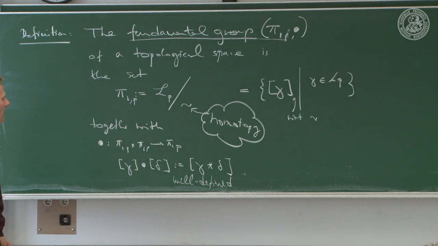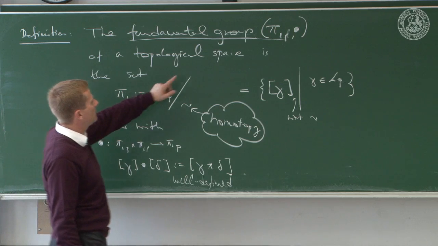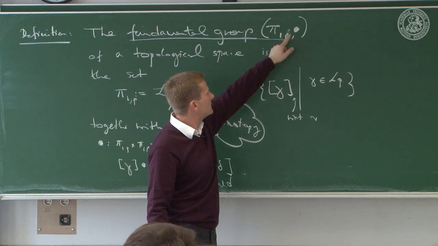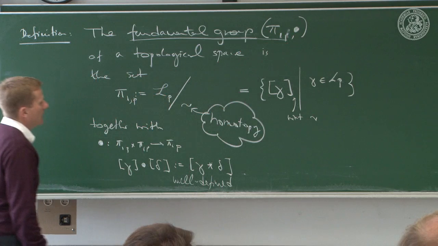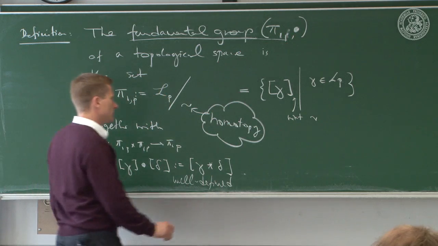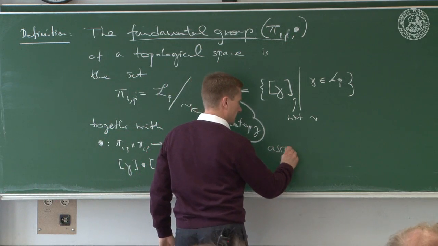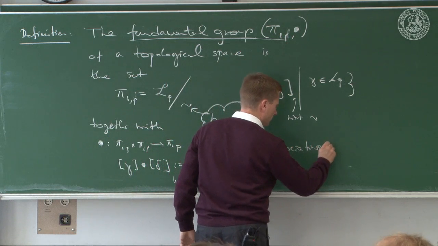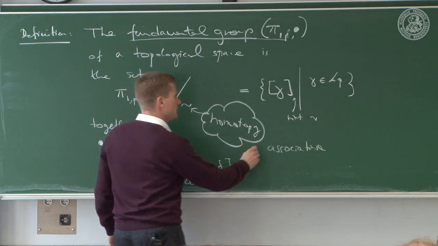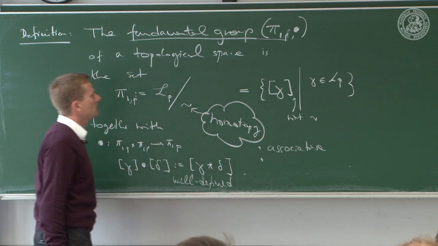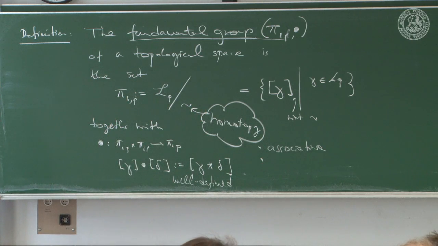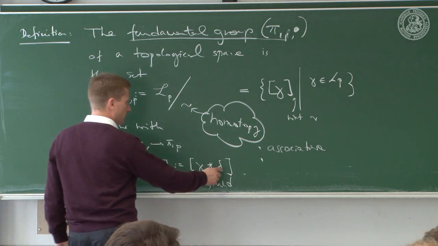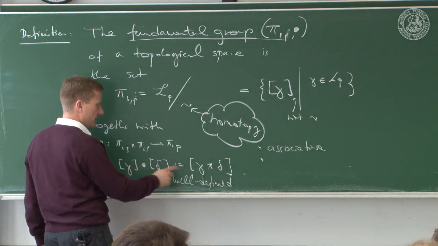And so what you do have here is this set with this blob operation, and this blob operation is associative. What is the neutral element of the blob operation? Which element do you have to put here in order to get this class back?